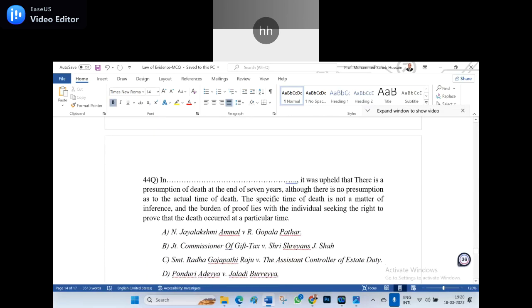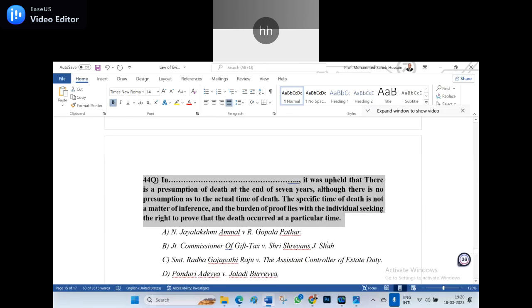So in the 44th question, of course I will read it because you cannot read so fast. In dash, it was upheld that there is a presumption of death at the end of the 7 years, although there is no presumption as to the actual time of death. The specific time of death is not a matter of inference, and the burden of proof lies with the individual seeking the right to prove that the death occurred at a particular time.